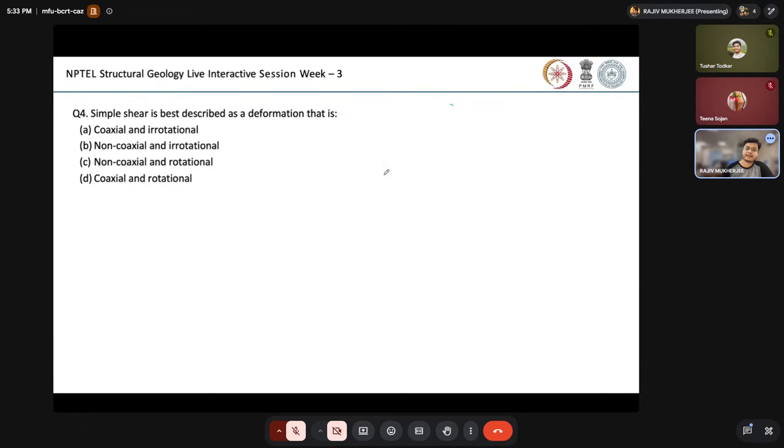So if I draw a circle with respect to a coordinate like this, and I compress this entire thing, so this will shorten and this will stretch, right?